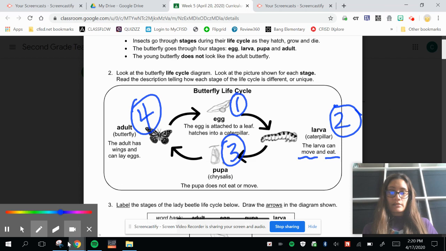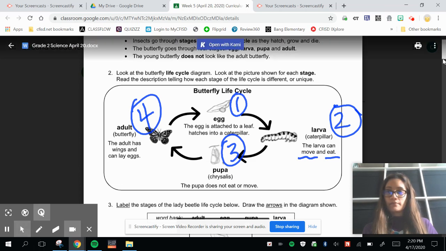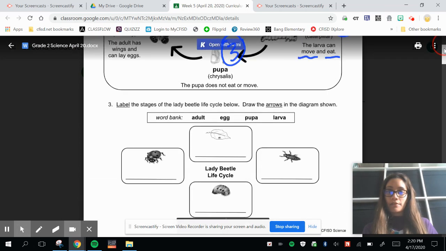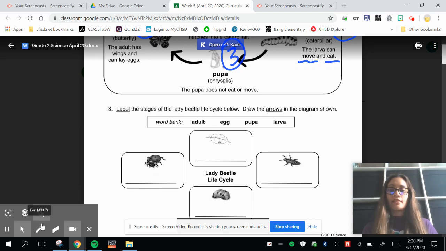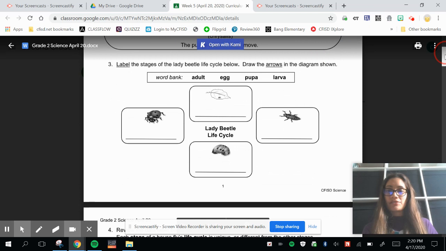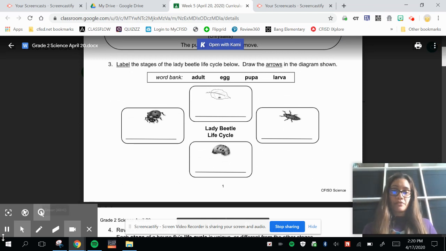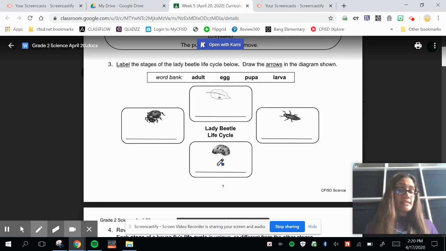So let's take a look down below. Notice this is a beetle. It is not a butterfly, but guess what? It goes through the same stages, the same order. So this right here at the top, it's on a leaf. It's not moving.